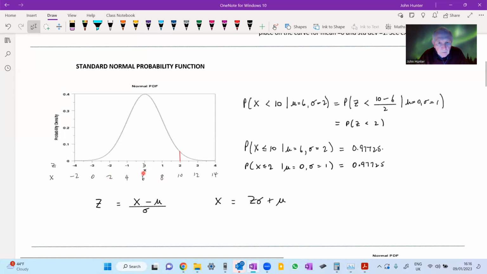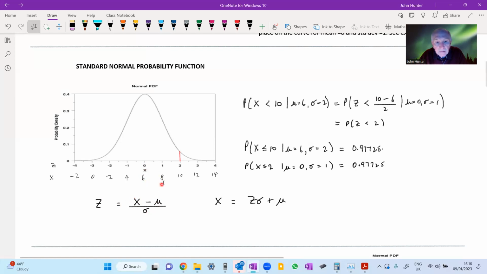Well, in going from X, these two are in correspondence. We can actually form one from the other if we know what the mean and standard deviation of this one is. Essentially, Z is equal to the X random variable minus the mean, divided by the standard deviation. We can see that straight away, can't we? In the case of the random variable 6, which is right at the mean, 6 minus 6 divided by anything is going to be equal to 0.